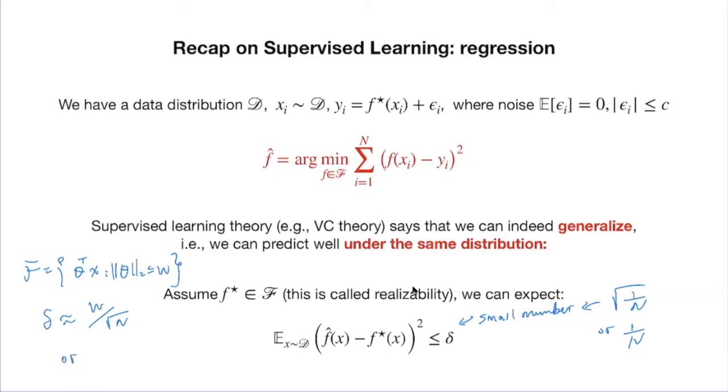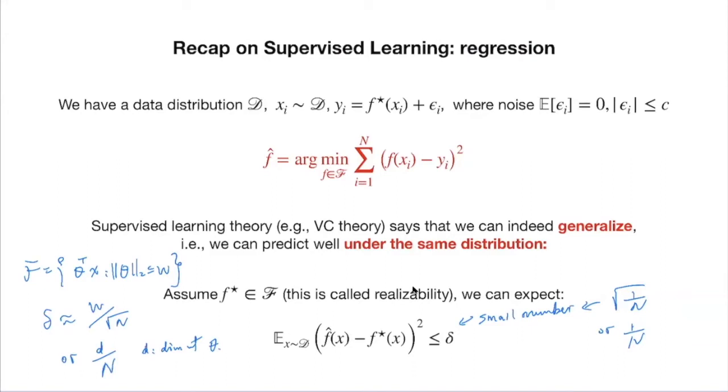Or I can show that this is at the rate of d over n, where d is the dimension of theta. So you can actually show two types of bounds. I'm just giving you an example, and how we get to these bounds is out of scope.